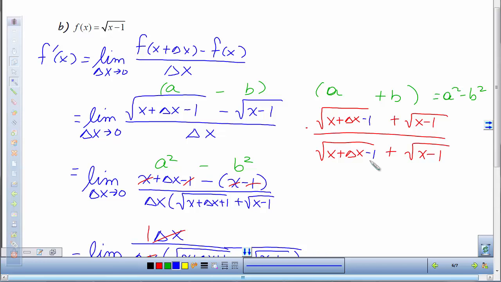And so lots of changes will follow from that. This is right. This should be minus 1, because when we square them, we would get x plus delta x minus 1.